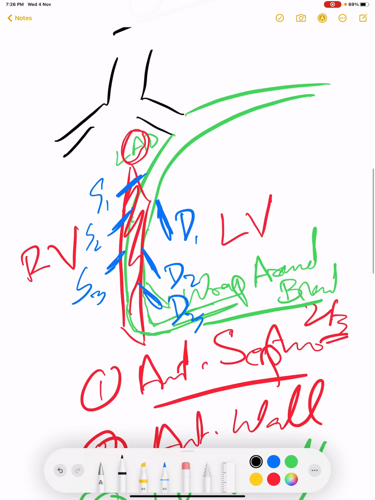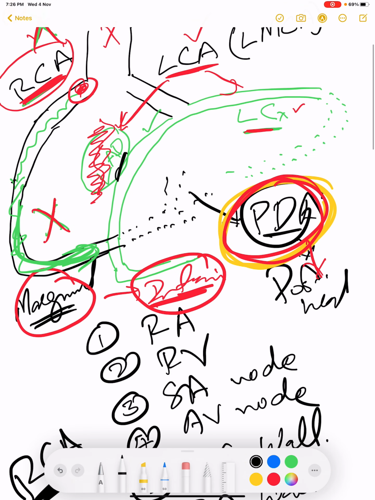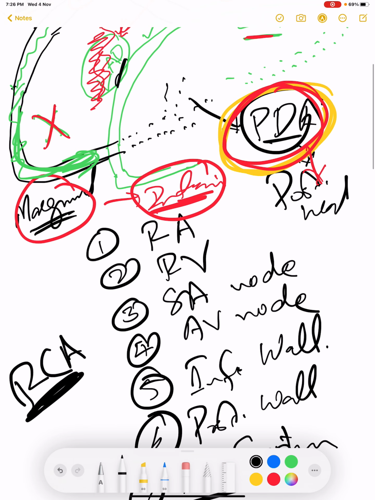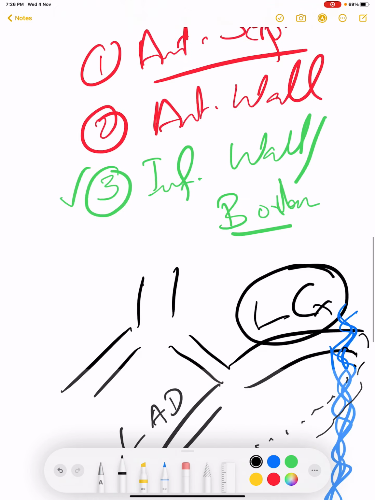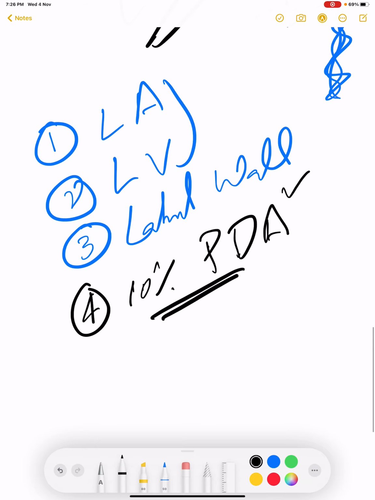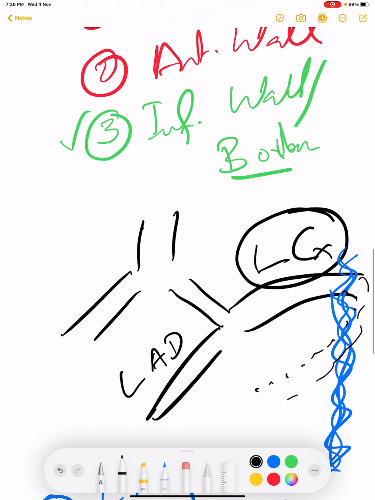I told you that posterior descending artery is mainly made by the right coronary artery. So posterior descending artery is the branch of right coronary artery in 90% of the cases, but in 10% of the cases it can be from the left circumflex artery as well. Moreover, regarding AV node, AV node is located over here, SA node is located over here.